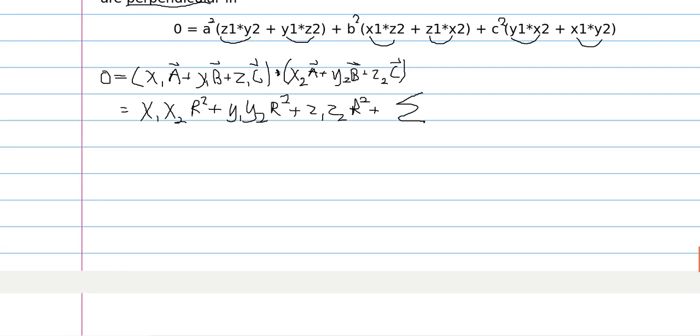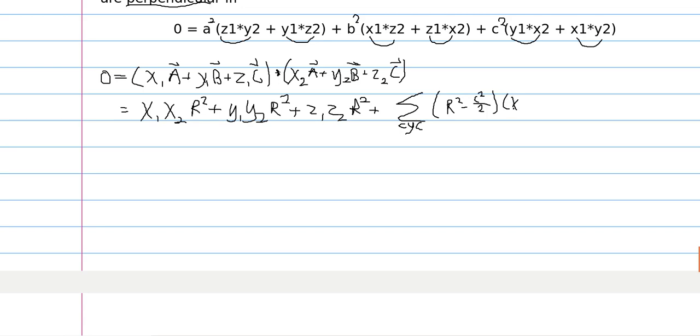Now here I'm going to shorthand this, and I'm going to write cyc and a sigma. So this stands for cyclic sum. For equations like this, where we have a lot of symmetry and you're sort of cycling through variables, it's just a shorthand way to represent it.